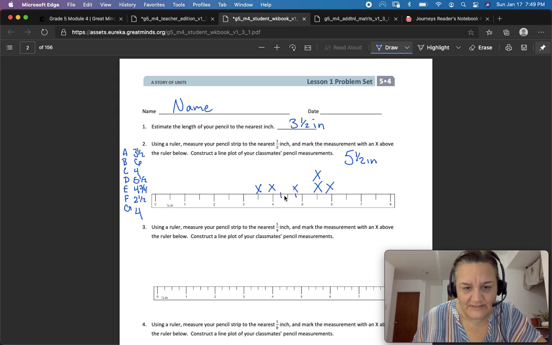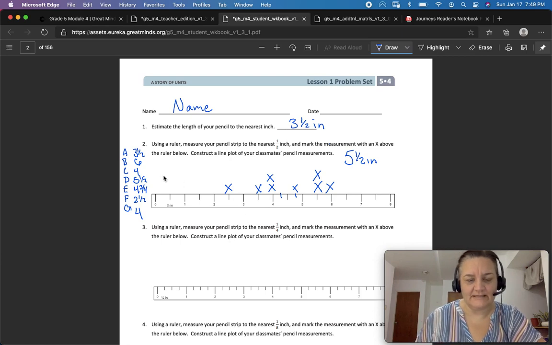Remember, quarters are smaller than halves. And 2.5. And the last one is 4. All right, so that is basically a line plot.